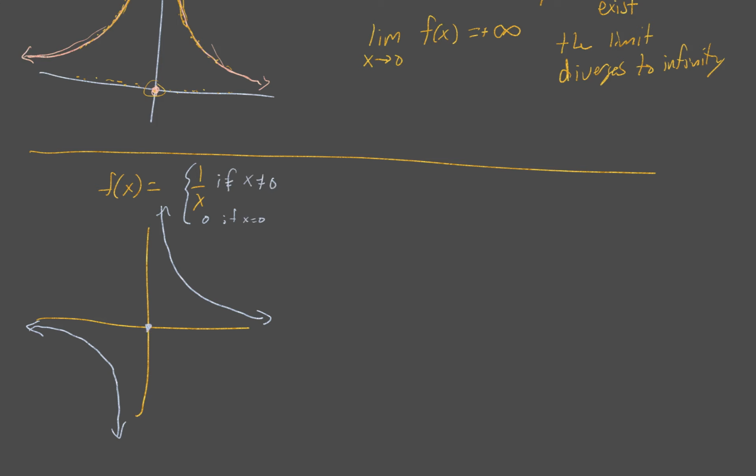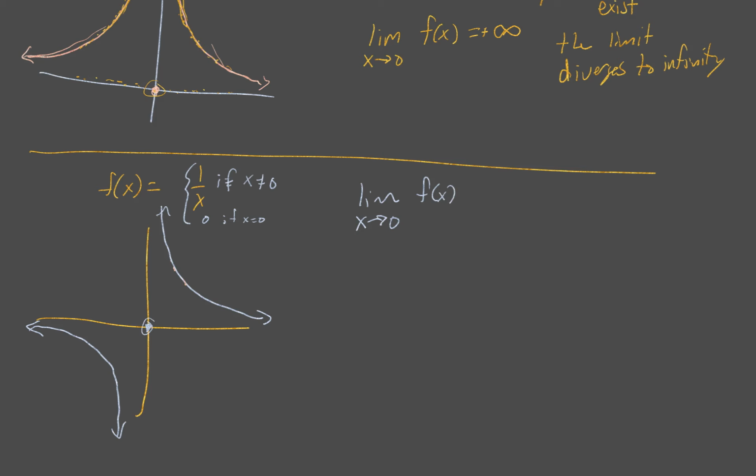Again, it doesn't matter what that point in the middle does, because for the limit as x gets close to 0 of f of x, the point itself at 0 has no bearing on whether this limit exists or not. We're wanting to know what happens to the values around this point.